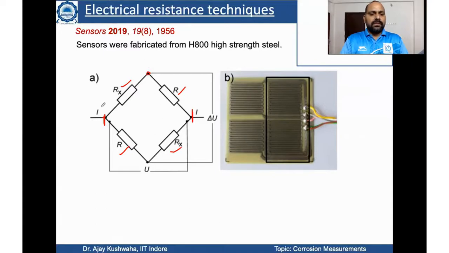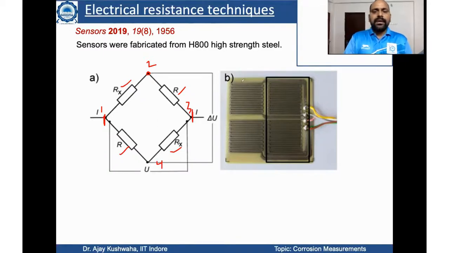Let's say this is terminal 1, this is 2, this is 3, and this is 4. They apply the current at terminals 1 and 3 and measure the difference across terminals 2 and 4, that is delta U.